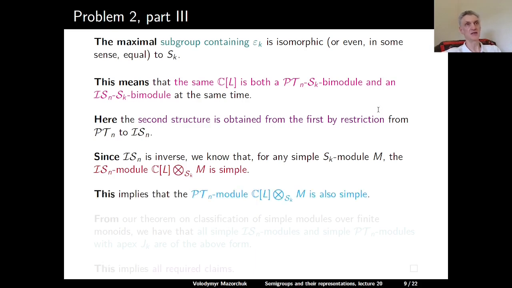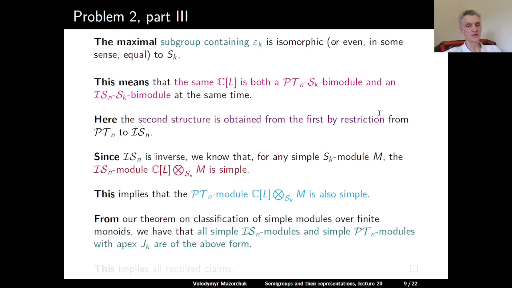But then PTn is bigger than ISn, but this means that the corresponding module for PTn must also be simple. And from our theorem on classification of simple modules over finite monoids, we have that all simple ISn modules and all simple PTn modules with apex J_k are of this form. And therefore, simple modules for these two semigroups are actually the same.